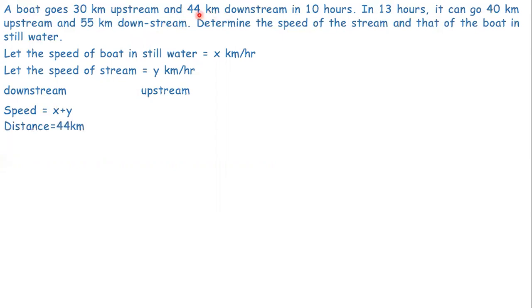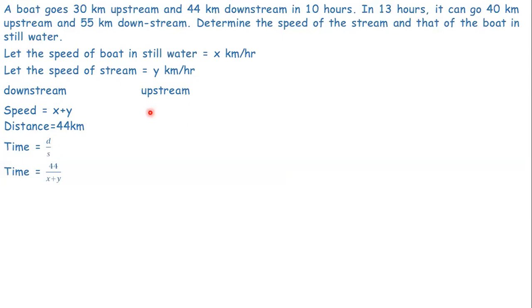It is given here. What is the time taken by the boat to travel downstream? You know, time is equal to distance by speed. So time taken to travel downstream will be 44 by x plus y.